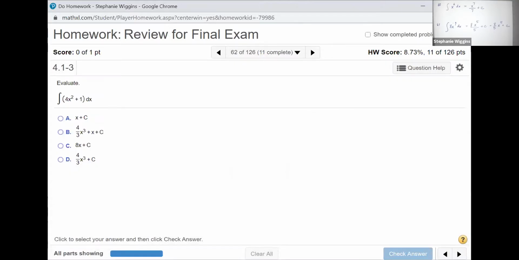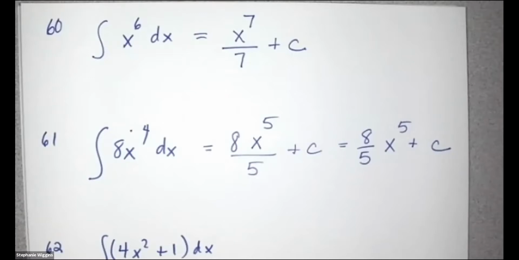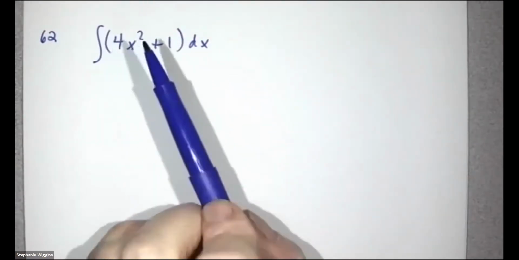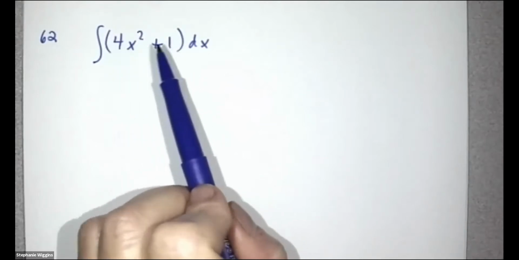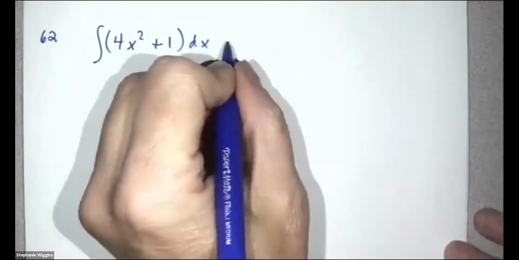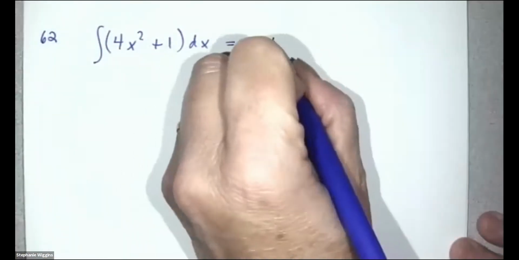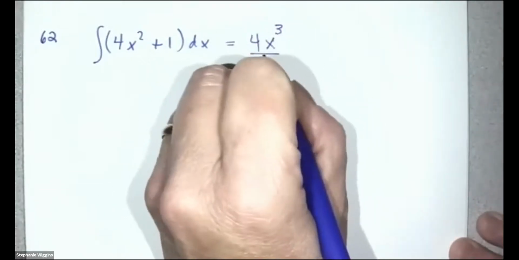All right. We have the integral of 4x squared plus 1 dx. When you have a sum, you just integrate the terms separately. I'm going to start with this one: I add 1 to the exponent of 2 to get 4x cubed, and then I divide by the 3.